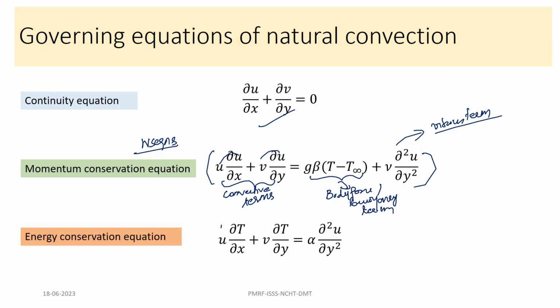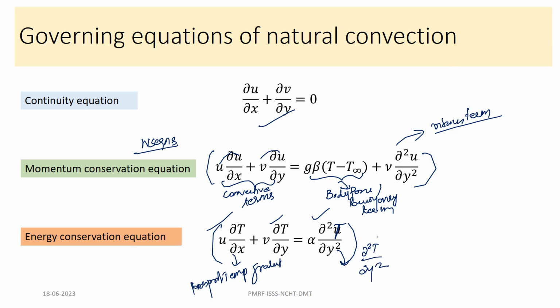Then comes the energy conservation equation, which states that this is the temperature gradient, and it's due to the transport of the fluid. And this is, sorry, this is T. You should note that it is T, dou square T by dou y square.